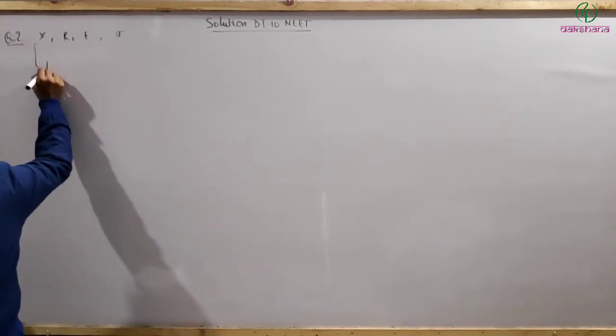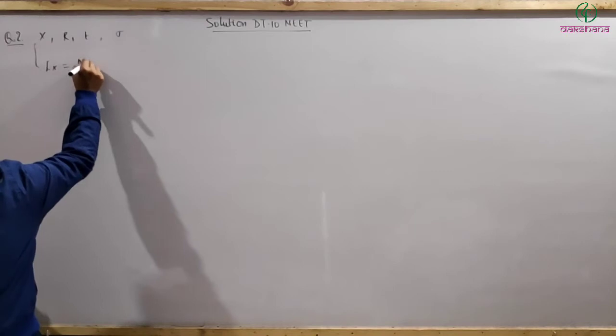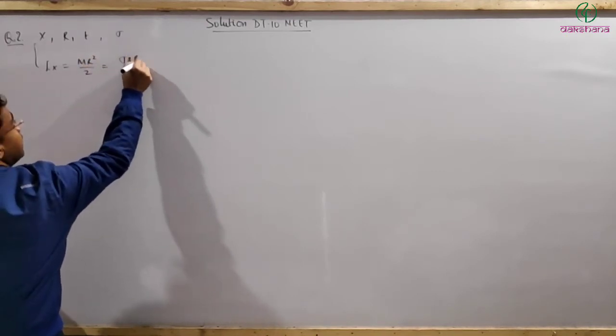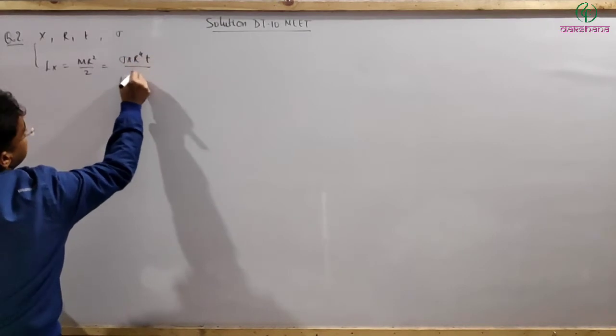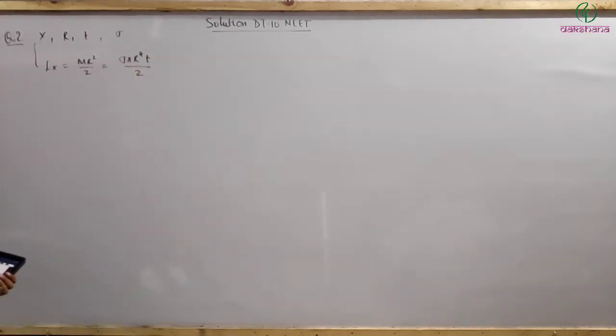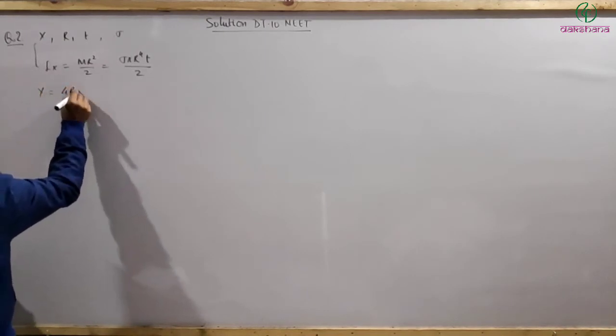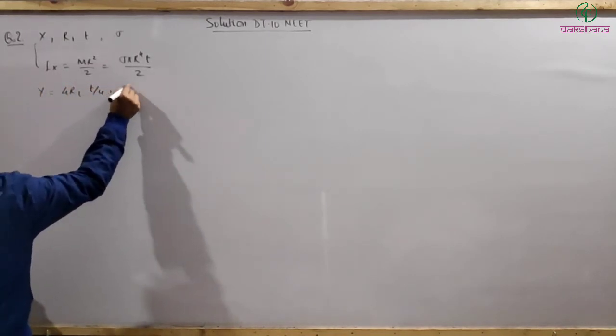Then its moment of inertia Ix can be written as m r square by 2. That will be sigma into pi r power 4 into t divided by 2. This will be the moment of inertia Ix. For Y disk, the radius is 4r and thickness is t by 4 and density will be still the same.